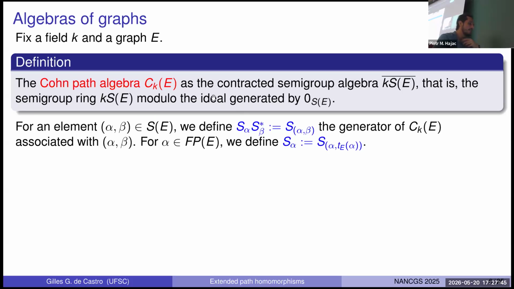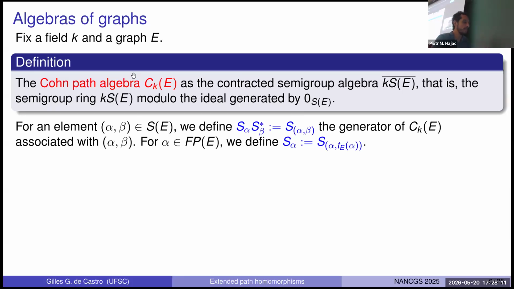But the thing is that because the inverse semigroup has a 0, we want the 0 of the inverse semigroup to be the 0 of the algebra. And that's why we take this quotient by the ideal generated by the element 0 of the inverse semigroup inside this free vector space. And when you do this, sometimes it's called the contracted semigroup algebra. And then this is just exactly the path algebra.